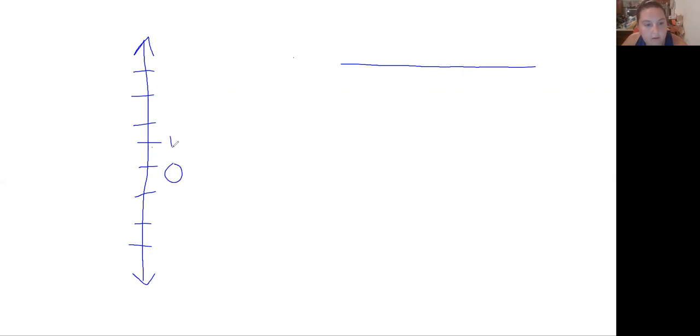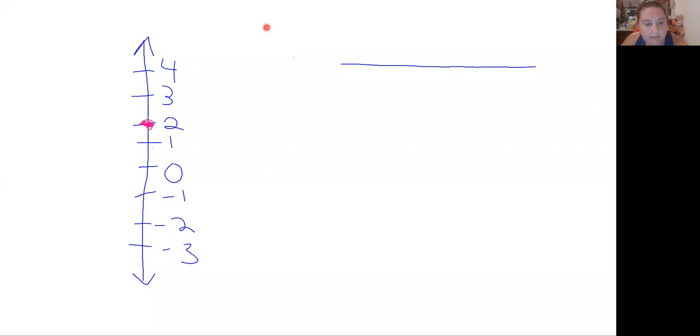So you got 1, 2, 3, 4, -1, -2, -3. Now for your vertical, everything above 0 is going to be your positives. Everything below 0 is going to be your negatives. So again, if you're going to graph 2, start at 0, go to 2.